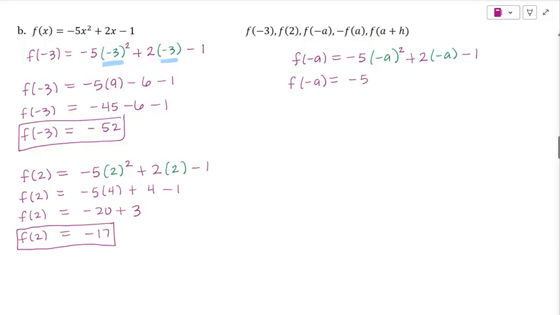So I'll have negative 5. Negative a, the quantity squared is going to be a squared. And then 2 times negative a is minus 2a, and then minus 1. It doesn't look like we can simplify that anymore, so this is our final answer here.